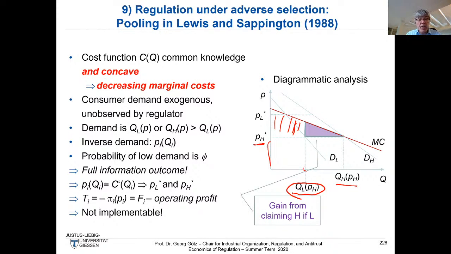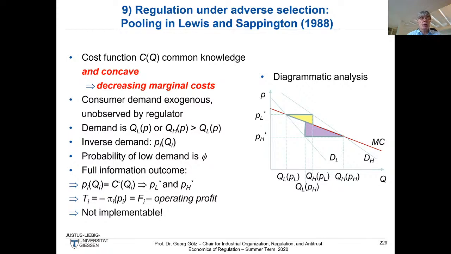So what is the result? Given the full information outcome, both types have an incentive to deviate. Both incentive compatibility constraints do not hold. And can you improve this situation? If you want to make the incentive compatibility hold for the high type, it gets worse for the low type and vice versa. So it is not possible to implement that.